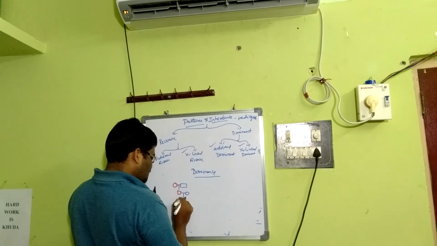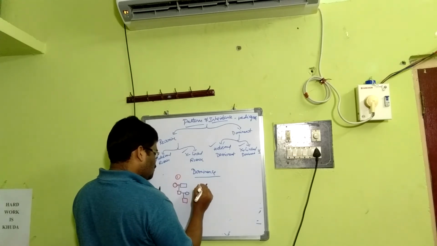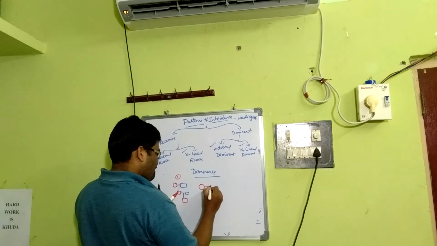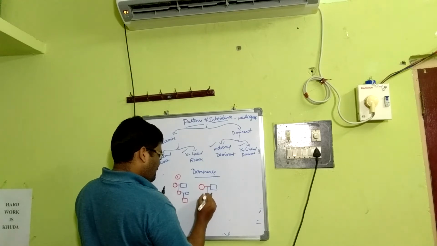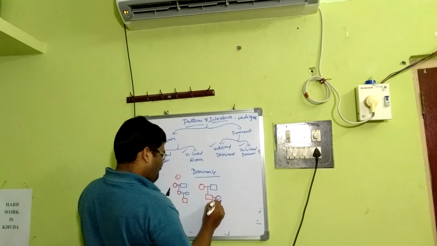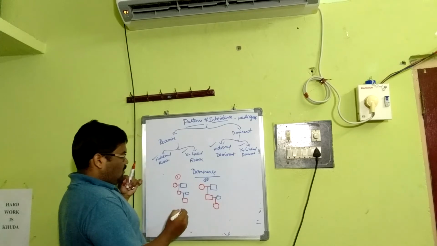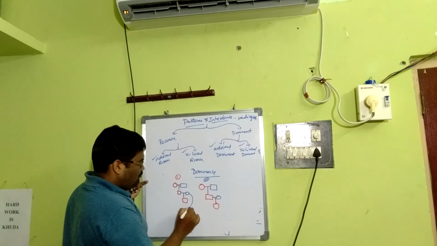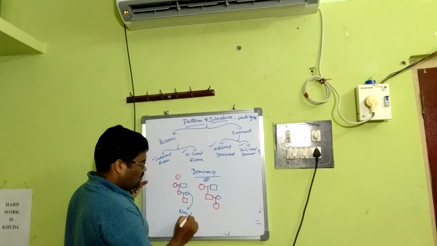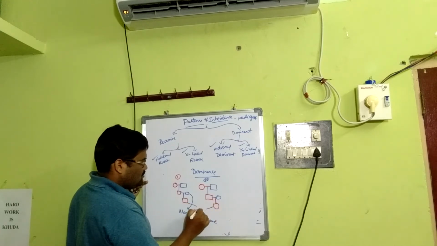Either this or this. This is case 1 and 2. That means two patterns here. Here, these are called non-founding parents, and these are the offspring.